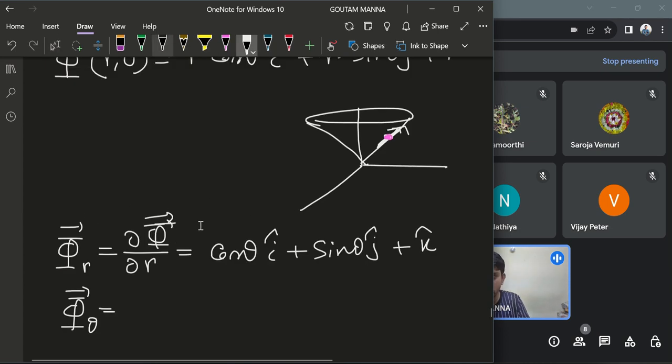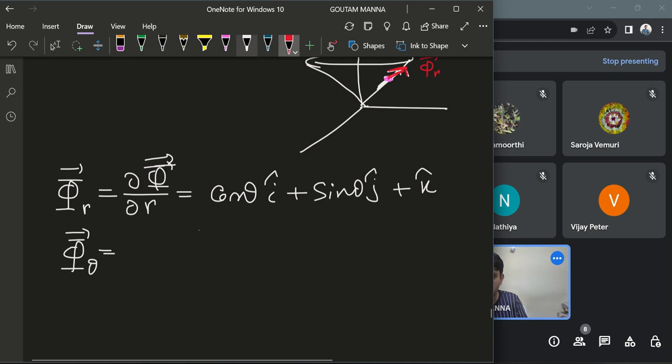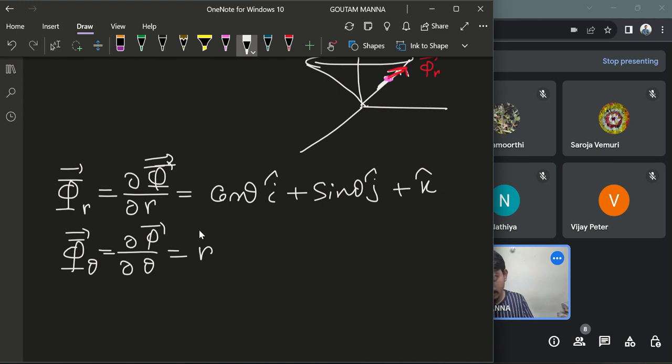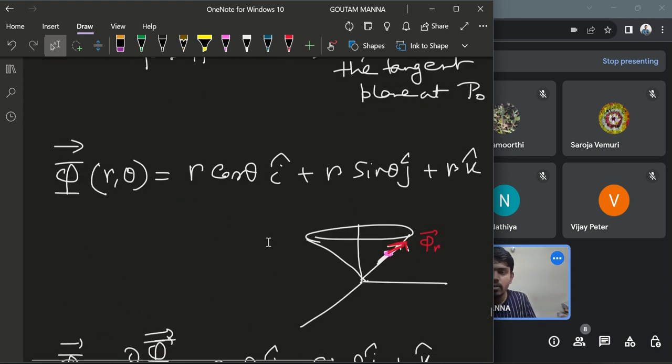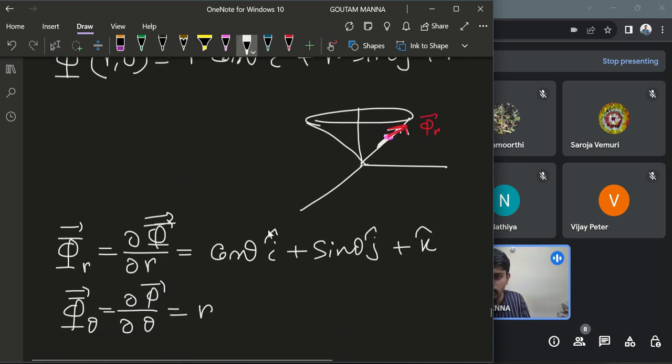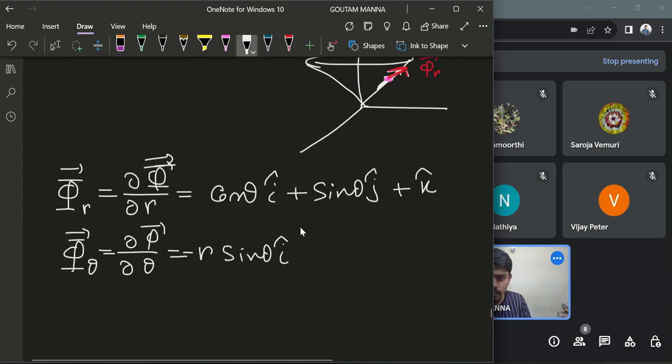And phi theta is del phi del theta, which will be minus R sin theta i cap plus R cos theta j cap.